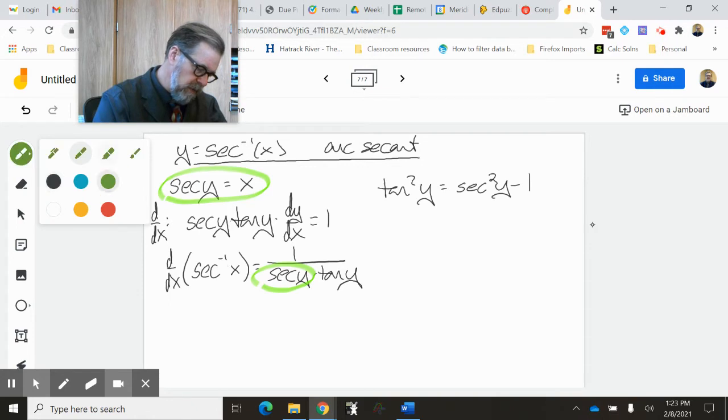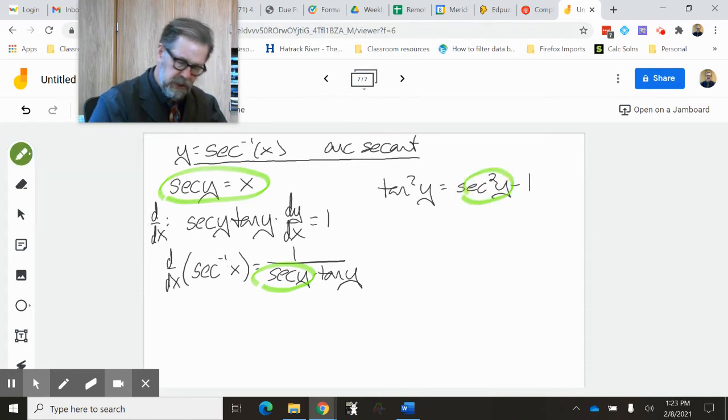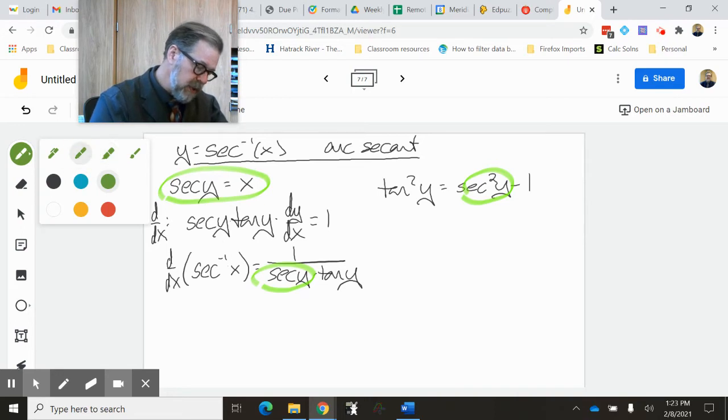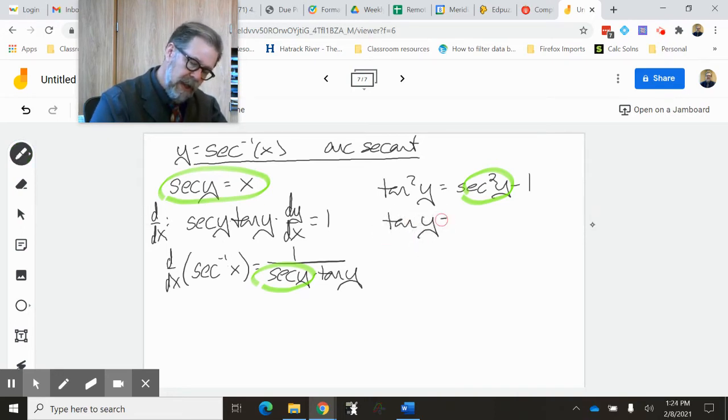Secant of y is equal to x. So this gives us that tangent of y is equal to plus or minus the square root of x squared minus 1. Doing a little simplifying, we get plus or minus 1 over x square root of x squared minus 1.